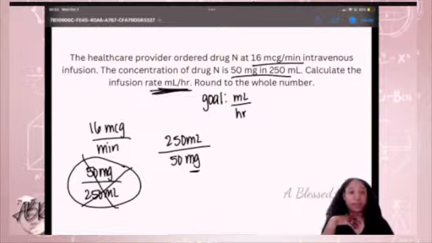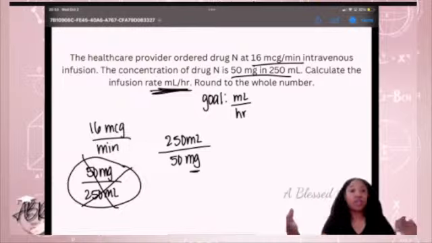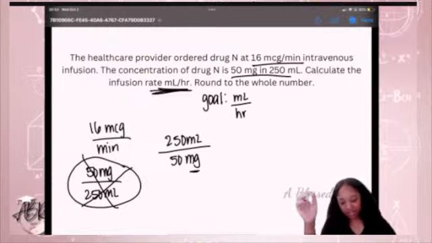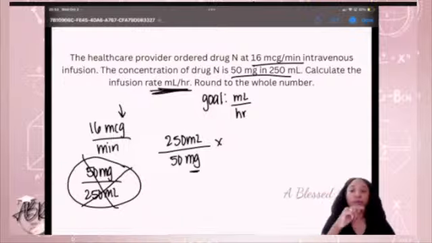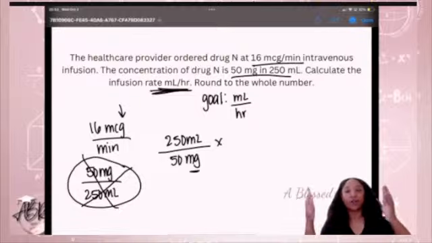Next, look at what we have on the bottom. We have milligram. Is that part of our goal? No, it is not. So it must be crossed out. Do we have a puzzle piece with milligram in it? No, we do not. We have a puzzle piece with microgram in it, but we know that there is a conversion from microgram to milligram.